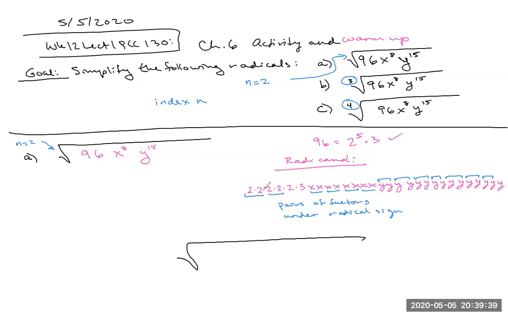So essentially for every pair, we only take out one of the factors. And for everything that's not in a pair, that part is going to stay under the radical sign. So for this one, to make it easier, because we can see there aren't that many things that'll stay under the radical sign, we would have 2 times 3y under the radical sign.